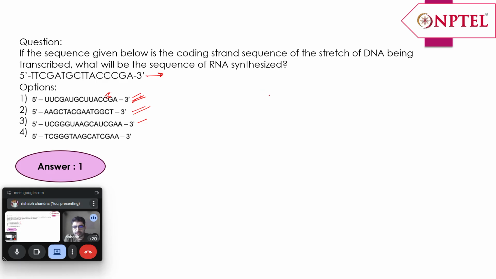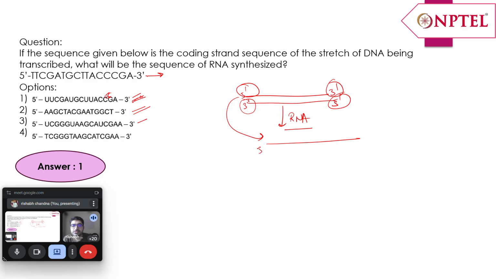And for explaining, as I just explained, these are the two strands of the DNA, 5 prime to 3 prime, and 3 prime to 5 prime. If the RNA would be transcribed, then this strand would be the template strand, and this strand would act as the coding strand, meaning the sequence of the RNA will be the same as this one.